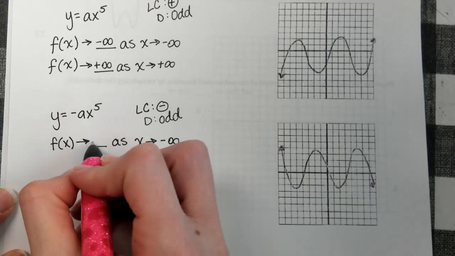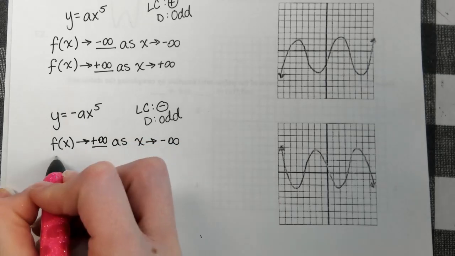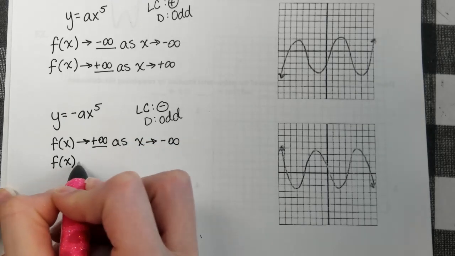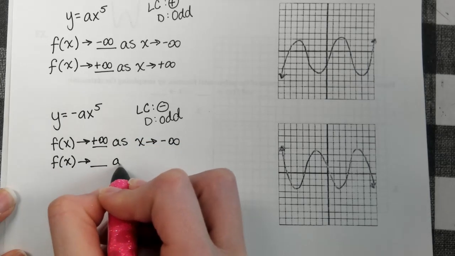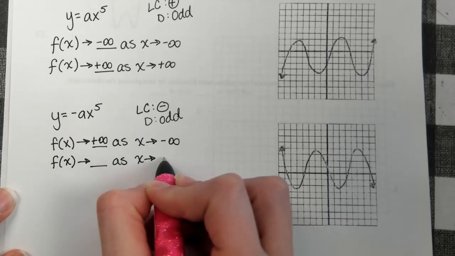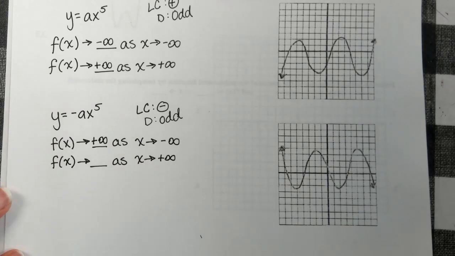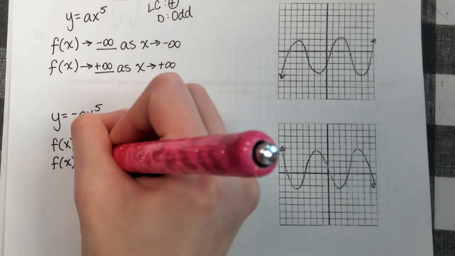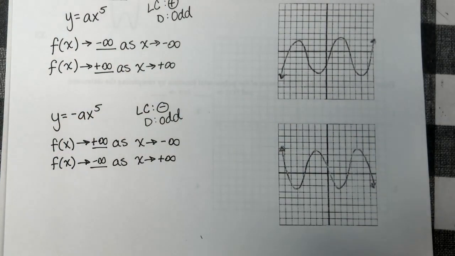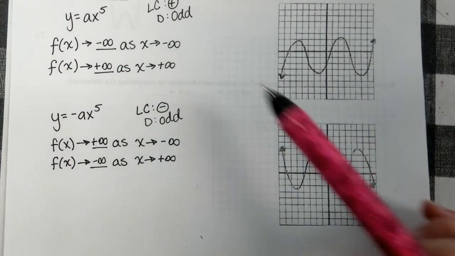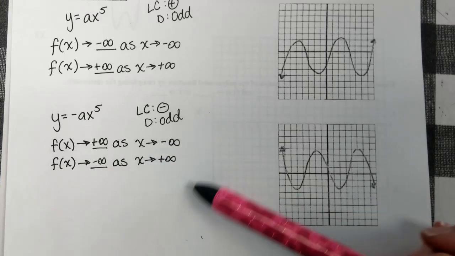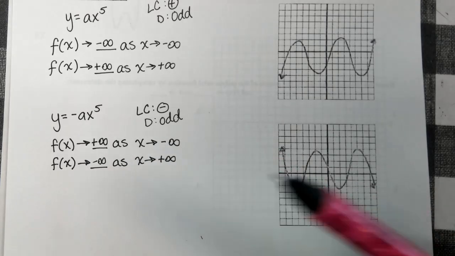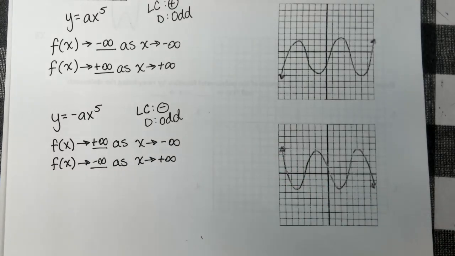It's going up to positive infinity. And then what happens as x approaches positive infinity? It's going to go down to negative infinity. Okay? This x approaches positive and negative infinity, you will see again. Like if you do limits and stuff in calculus, that pops up.